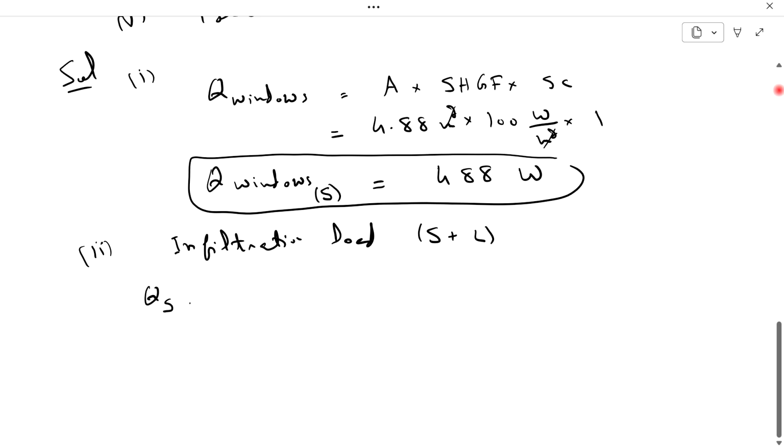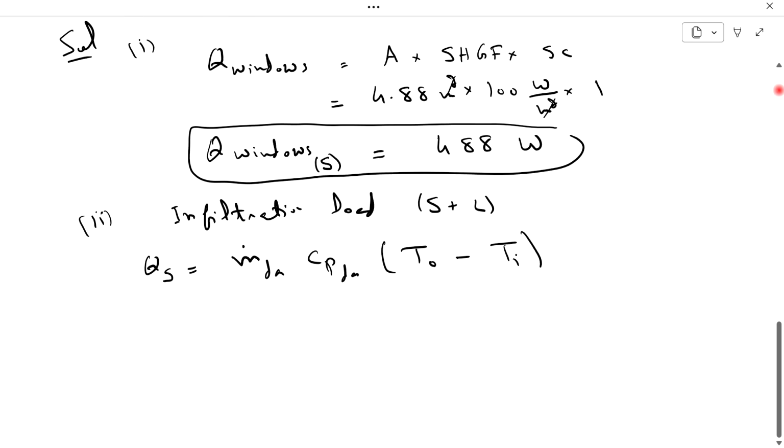Infiltration load sensible is equal to m dot, mass flow rate of dry air, into Cp of dry air, into outside temperature minus inside temperature. So first we find m dot dA.